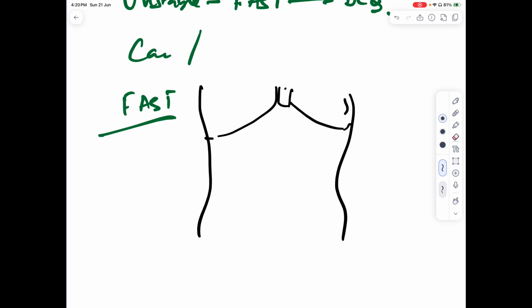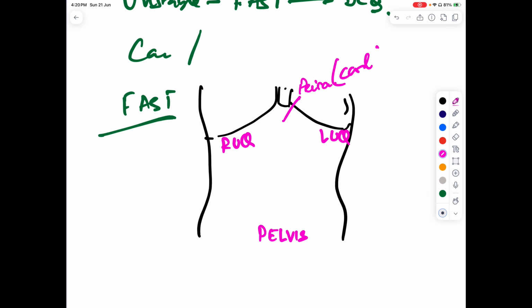FAST scan looks at the right upper quadrant, left upper quadrant, pelvis, and pericardium. Here it looks for cardiac injury and pericardial collection. The right upper quadrant looks at the liver and around it, the left upper quadrant at the spleen, and the pelvis checks for any pelvic organ injury.